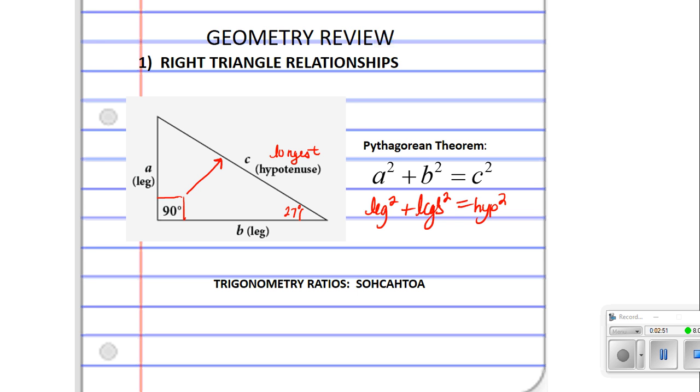You probably heard that mnemonic. The trig ratios are, say we have sine theta, the sine of the angle. Theta is just another way of saying angle. The sine of that angle is equal to the opposite over the hypotenuse.